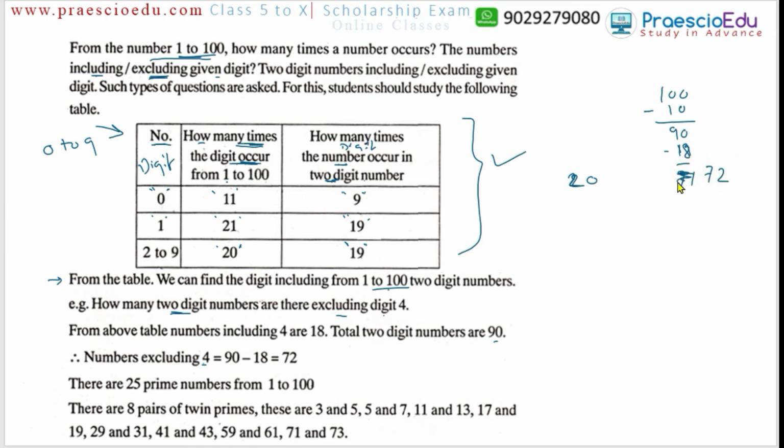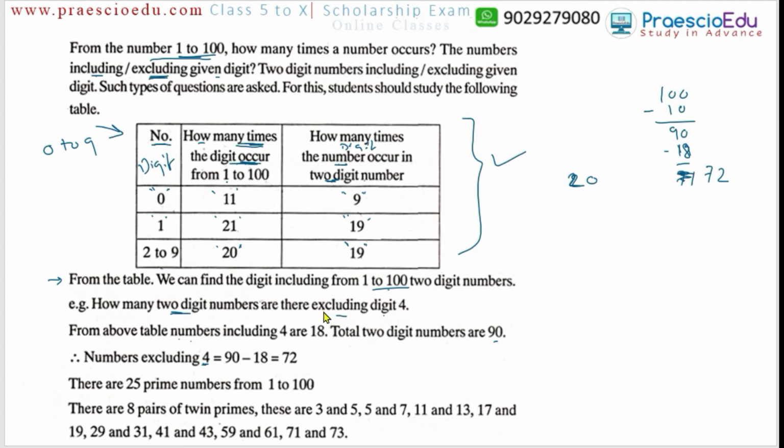Now I am repeating again: this 19 is only about the digit, how many times that digit occurs, but 44 is such a number where the digit 4 occurs two times, and we have to count only the numbers here, the two-digit numbers.